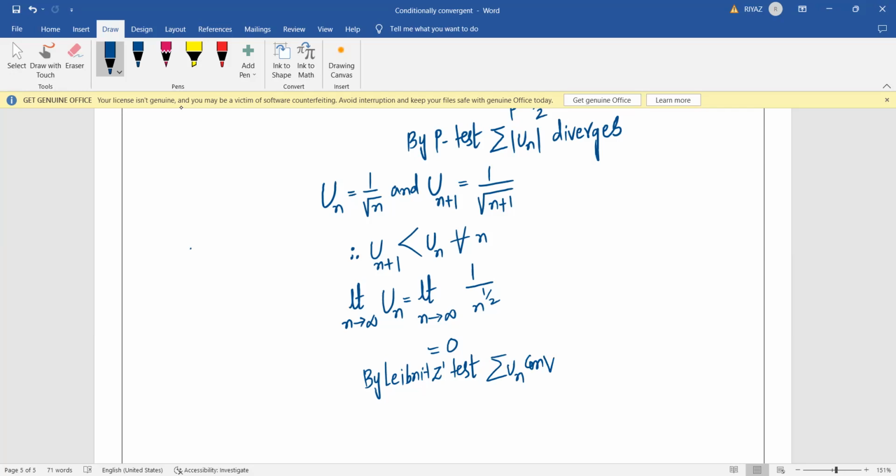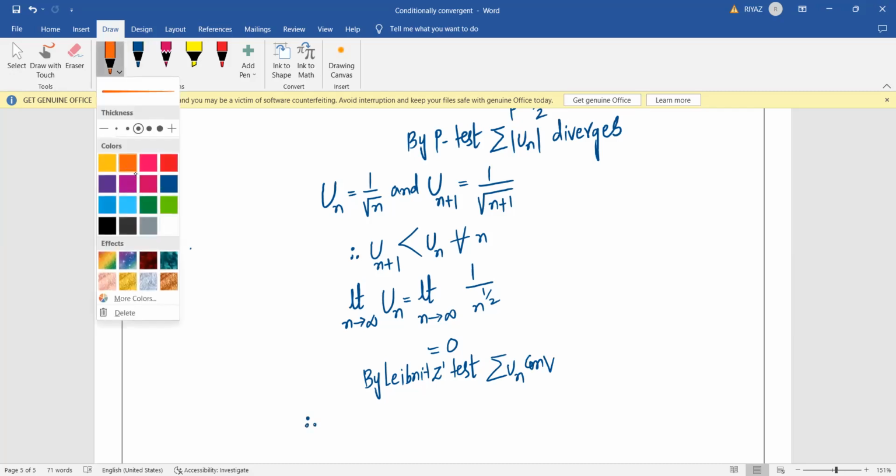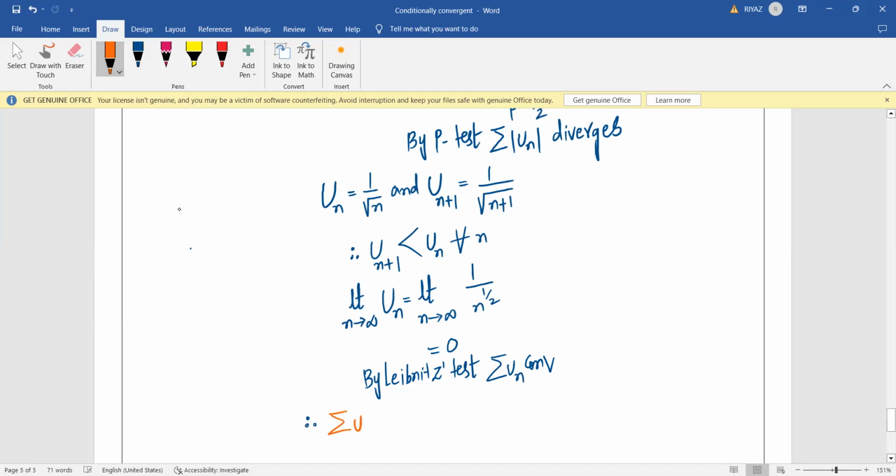Previously we proved summation mod un divergent and summation un convergent. So which condition is satisfied here? Therefore, summation un convergent but summation mod un divergent.